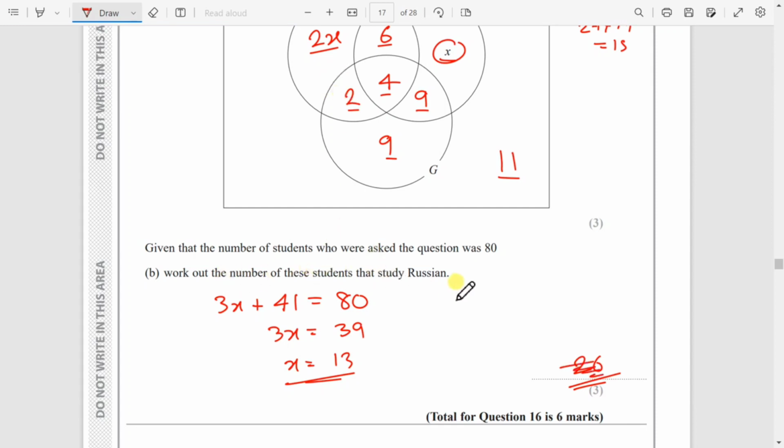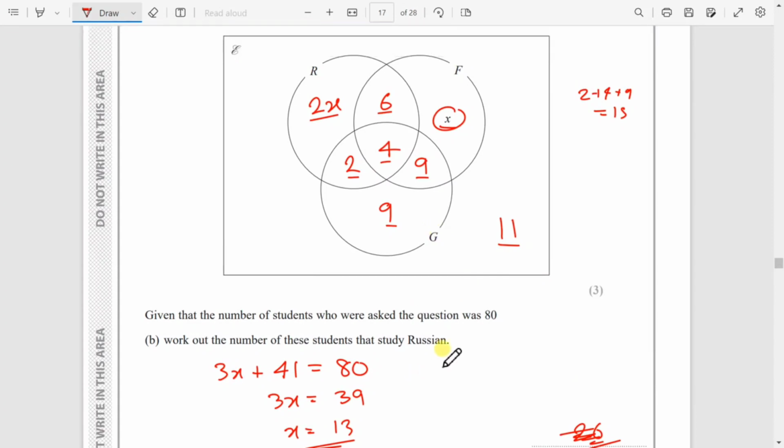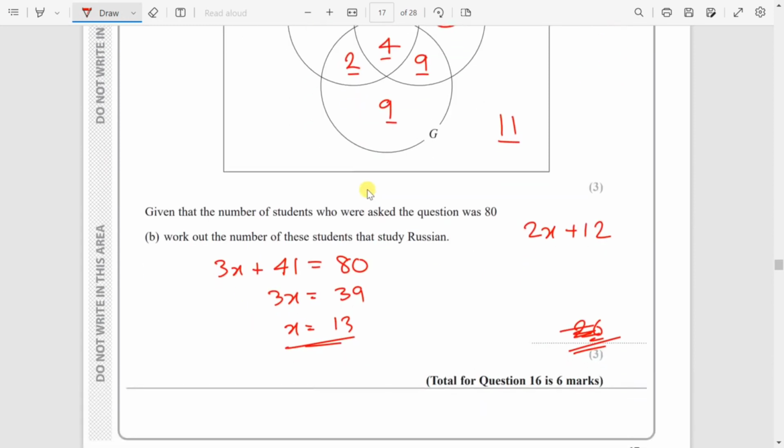Work out the number of students who study Russian. It's not Russian only, it's all of Russian. So Russian will be 2x plus 6 plus 4, which is 10, plus the 2, which is 12. We know what 2x is. It's 2 times 13, which is 26, plus 12. Therefore, your final answer, oof, that was close, guys, I almost messed up, equals 38.